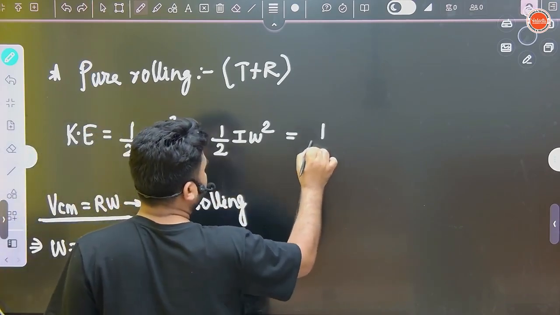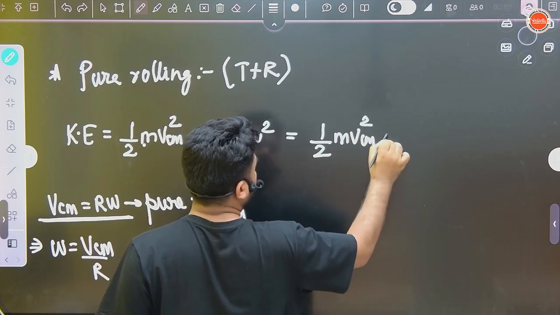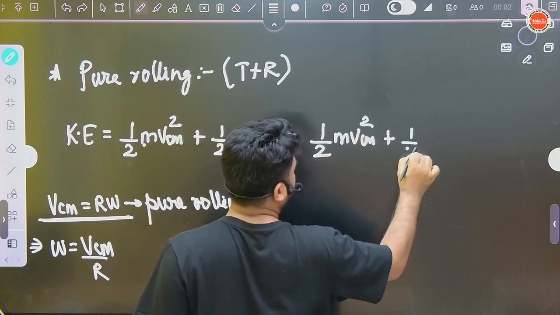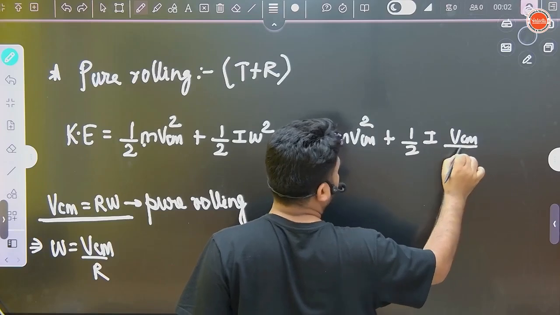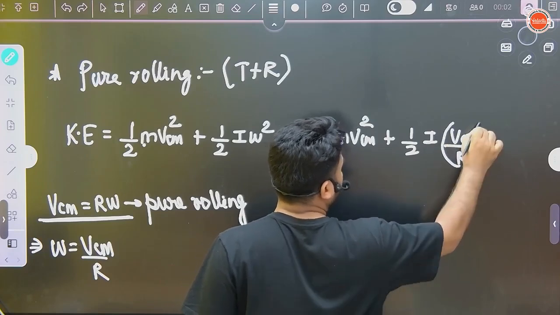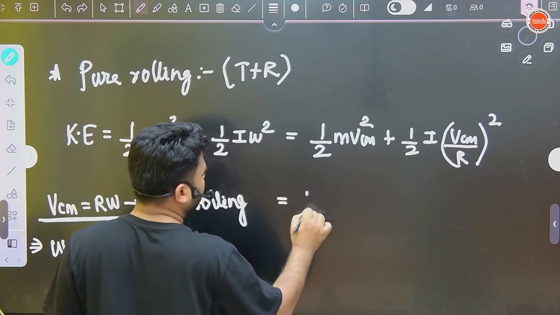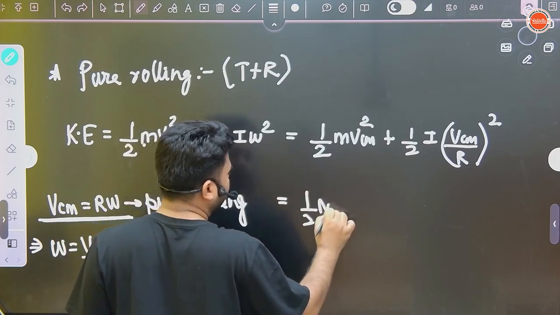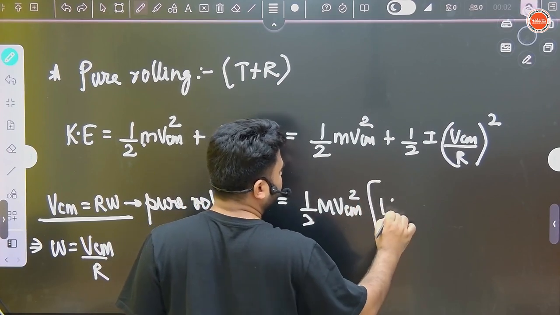If I place it here, half m v_cm square plus half I times v_cm by R whole square. If you take half m v_cm square common, it will be 1 plus I.